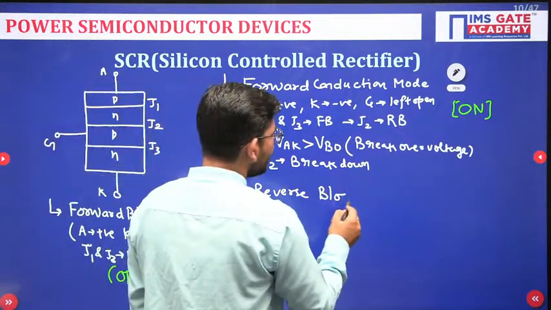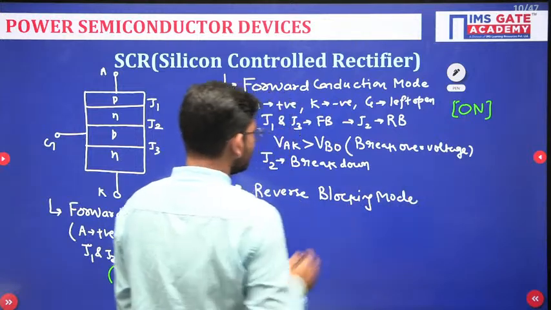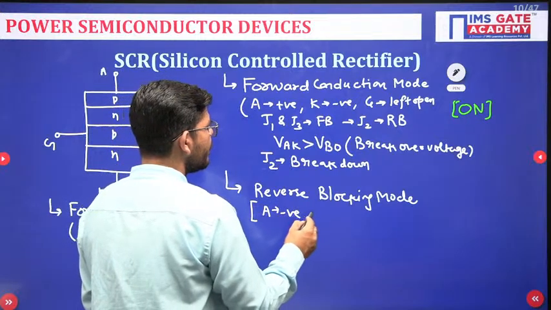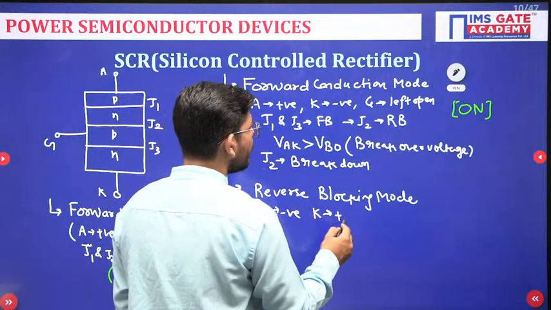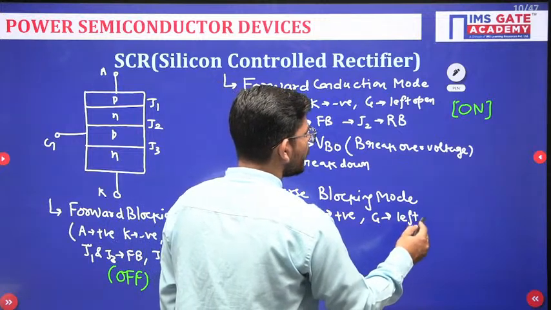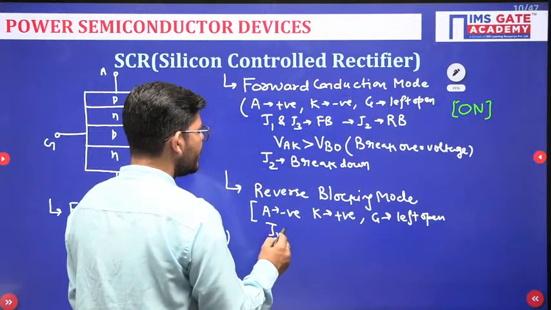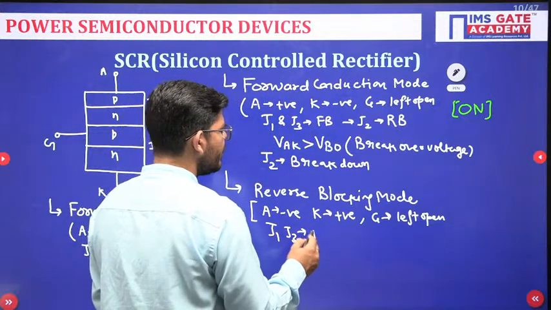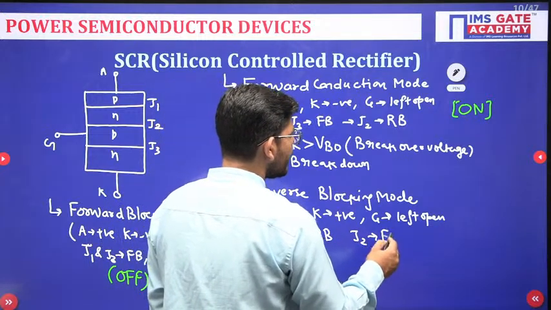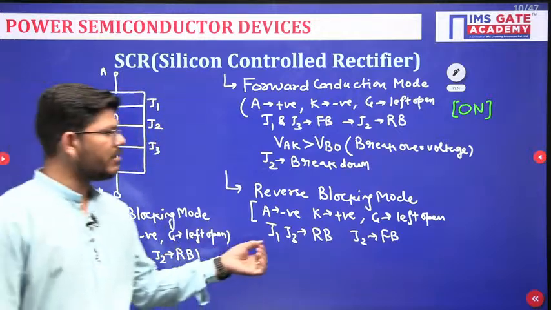Then the third mode we have is reverse blocking mode. Now in reverse blocking mode, what will happen? The anode is made negative, the cathode is made positive, and the gate is still left open. When you do that, J1 and J3 will be reverse biased, but junction J2 will be forward biased. So junctions J1 and J3 are blocking the current.